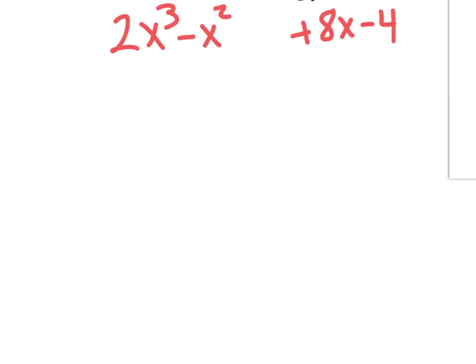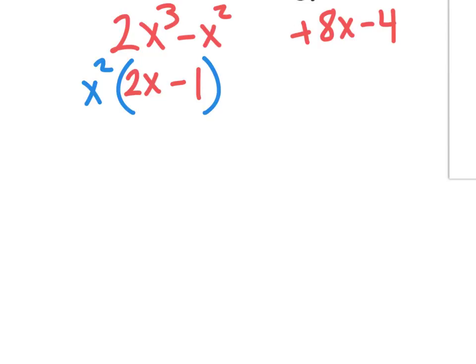What could I pull out from that first group? What's in common in this first term and the second term? There's x's and there's x squared would be your GCF. So if you pull out an x squared from your first group, what would be left in there? 2x minus 1. You guys agree with that?